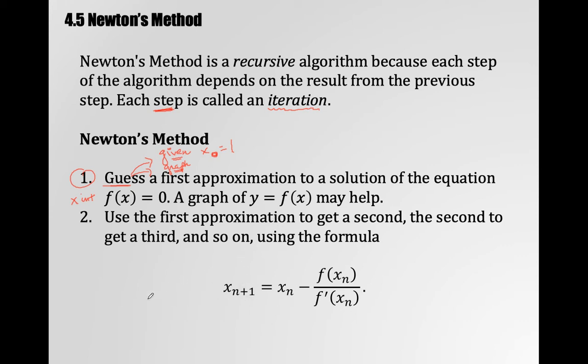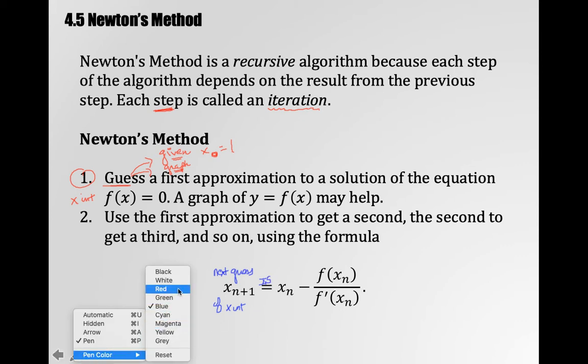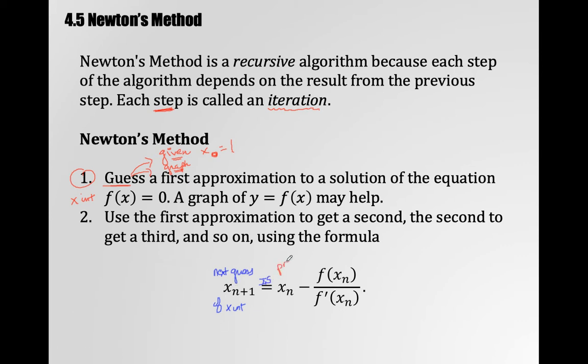So this formula is worth writing down, but it's also worth writing down the English that goes with it. The next guess of the x-intercept is, that's what an equal sign says, the previous guess minus a ratio.